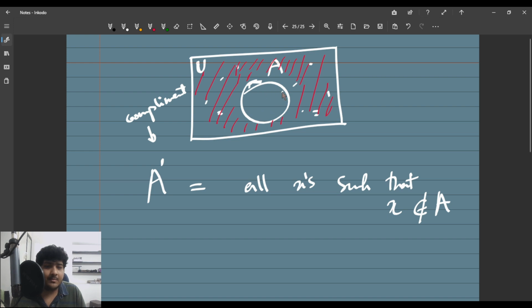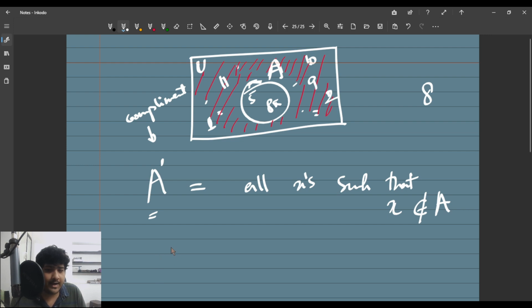I am complicating this because I didn't want to give you an example here, but anyway, 5, 8, 9, 10, 11, 1. So here if I give you any x, say 8, this 8 belongs to A, then I'll not put it in A complement.